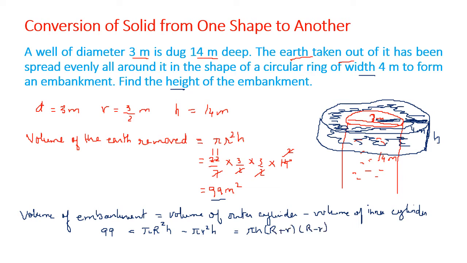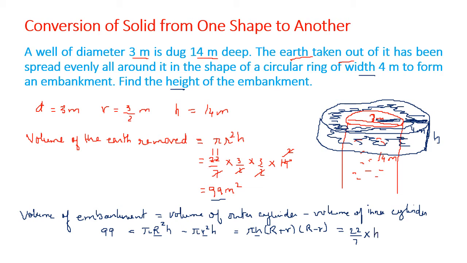How? If I take pi h common, I get R square minus r square, that is R minus r into R plus r. So we have got 22 by 7 into h. H is the height... no, sorry, h is what we have to find out. We don't know h. Yes, the height is what we have to find out. So we'll keep the h as it is.